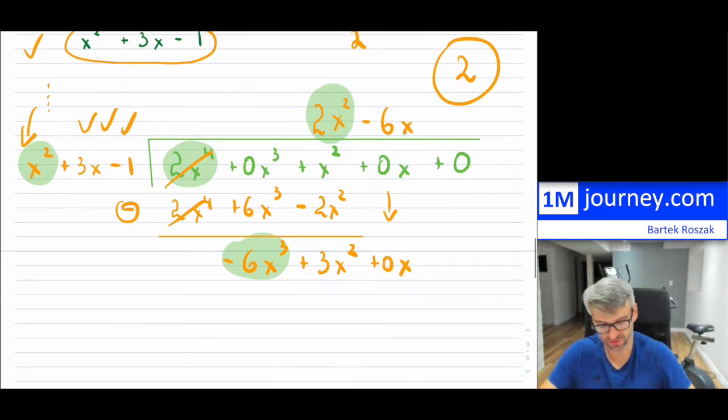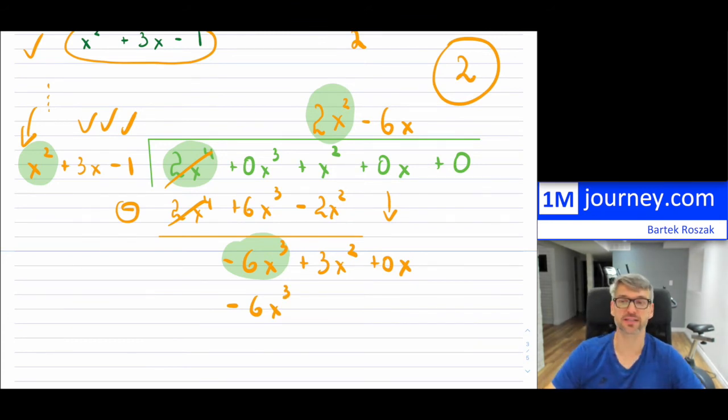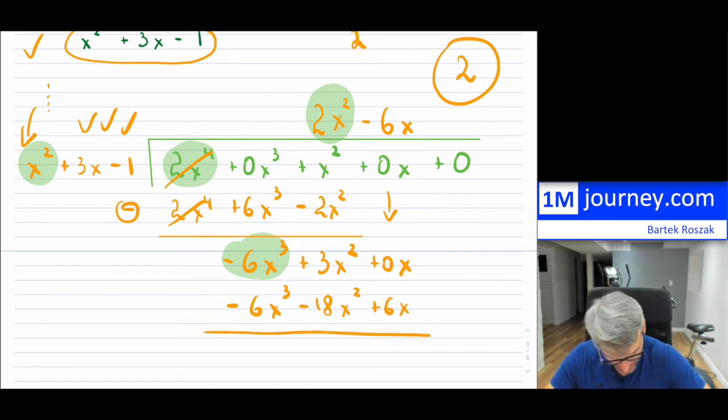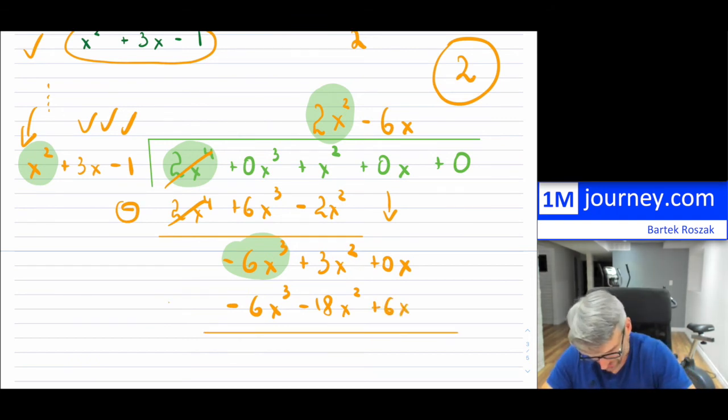Because if I take the negative 6x and multiply it by the x squared, it will give me negative 6x cubed. Now I'm going to take the negative 6x, multiply it by 3x, and that's going to give me negative 18x squared. And then finally, it's going to give me plus 6x. So now subtracting.